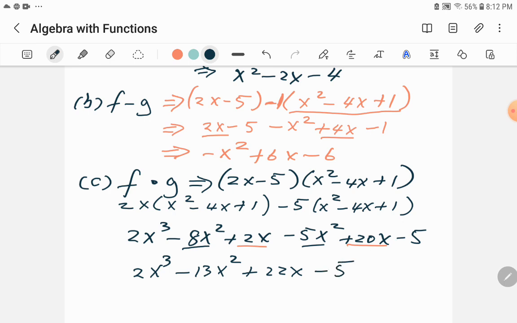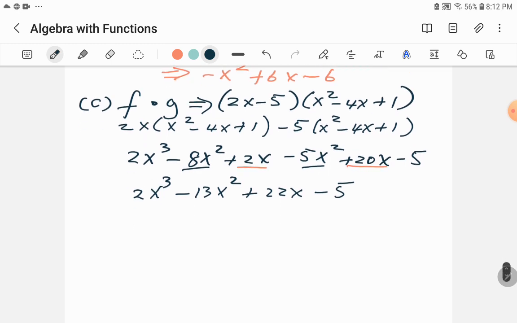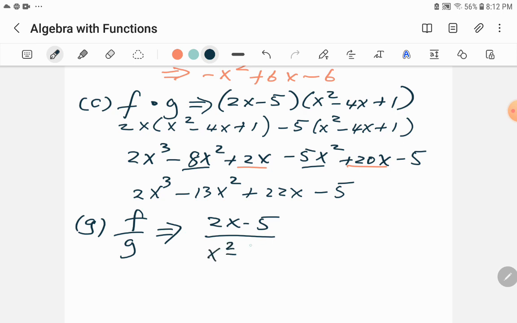Okay, and finally we could do a division. So for the quotient, we could just say f over g. Well, f over g would just give us 2x minus 5 over x squared minus 4x plus 1. Okay, that's it for this video. Thank you for watching.